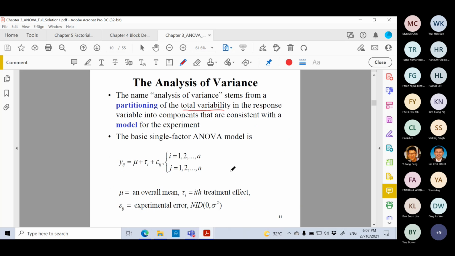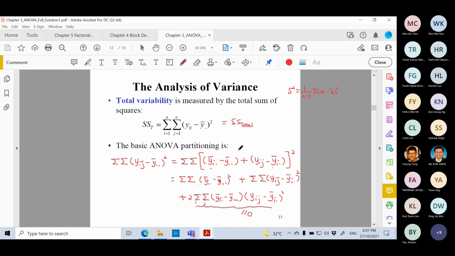Okay. So our objective in carrying out the analysis of variance is to compare the means from the different groups or different levels. How are we going to carry out the analysis of variance? I have shown you these formulas to derive it. They are actually based on the sum of squares for the variability, so they use the observation minus the overall mean and try to partition it into three components.